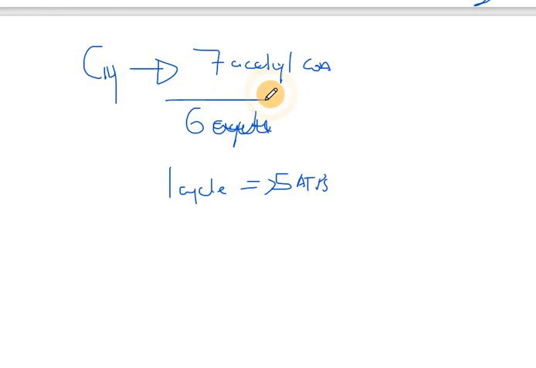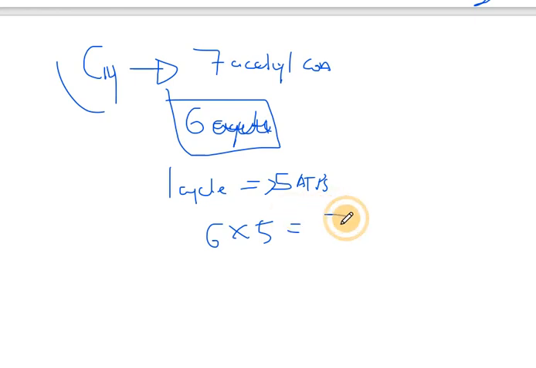Therefore, the 6 cycles for the carbon 14 will give us 6 times 5, which is equivalent to 30 ATPs. So for the cycles alone, I'm going to form 30 ATPs.